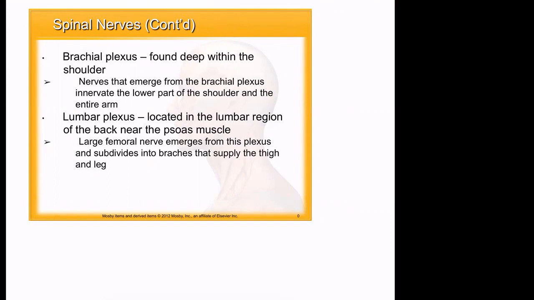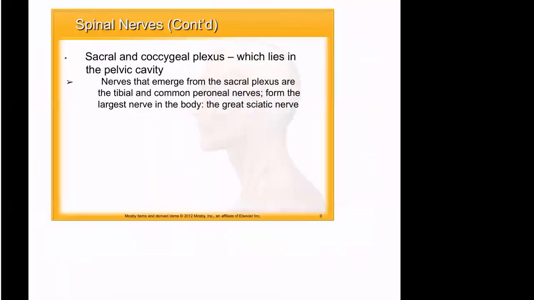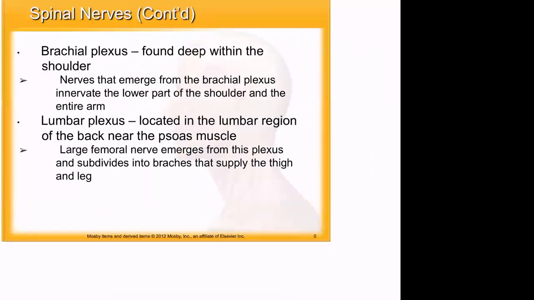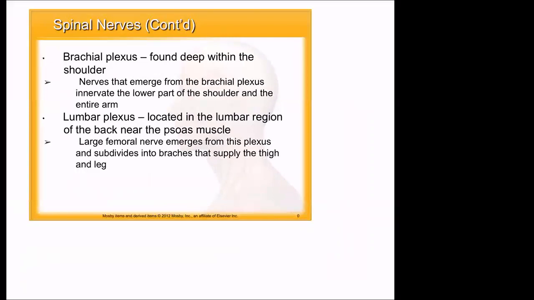The brachial plexus is deep within the upper shoulder, closer to your neck a bit. Those nerves innervate part of the shoulder and the arm. So that's one that you can see get injured as a birth injury when the baby gets stuck in the pelvis, something like shoulder dystocia, and mom's uterus doesn't care that the baby is stuck.